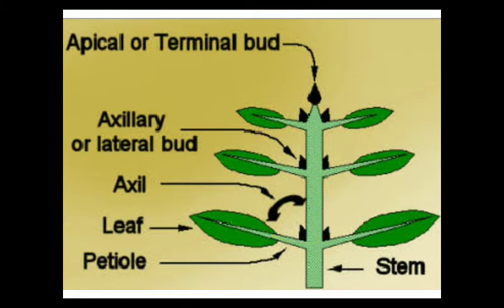If any bud arises from this angle, then this type of bud is known as an axillary bud. But on the other hand, if any bud arises from the end part or terminal part of the stem, then such a bud is known as a terminal bud. I hope it is now clear what an axillary bud and a terminal bud are.